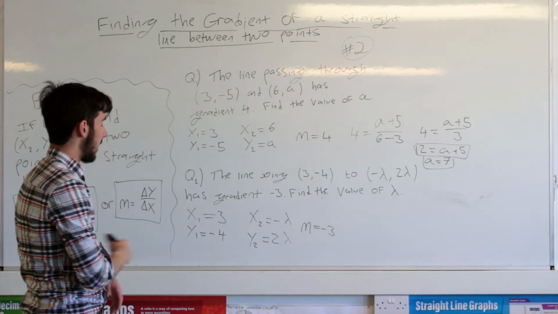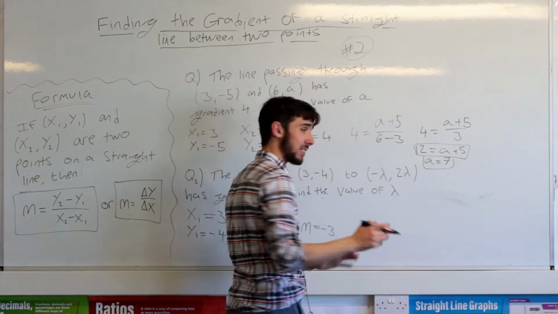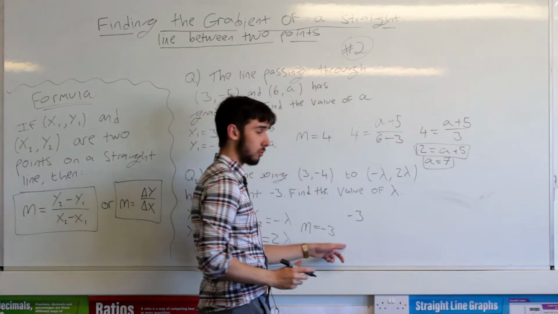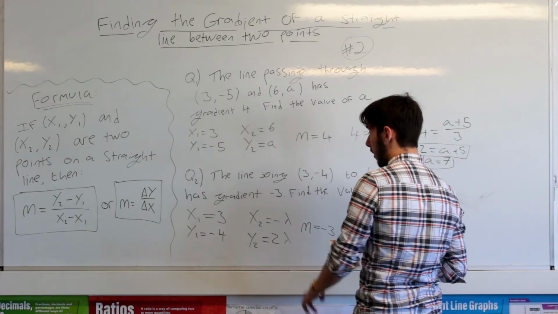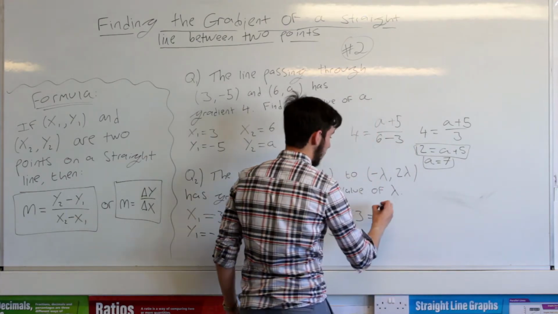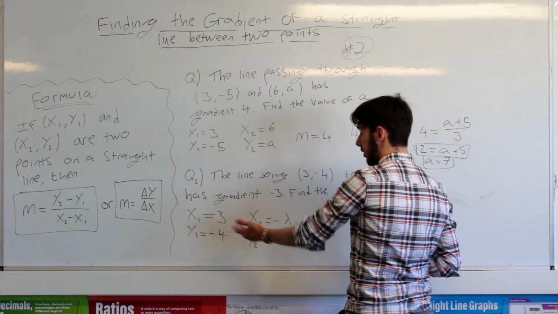So let's, again, plug everything into the formula and see what happens. You've got to do these things step by step, guys. So we're going to say that minus 3, because that's m, is equal to y2 minus y1. So y2 is 2 lambda minus y1, which is minus 4.